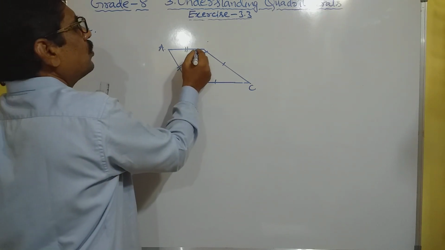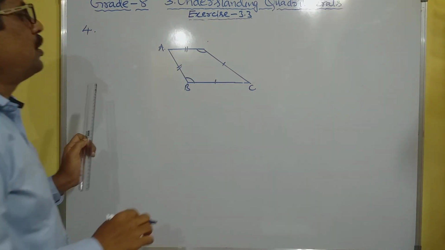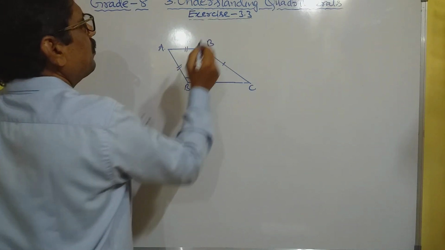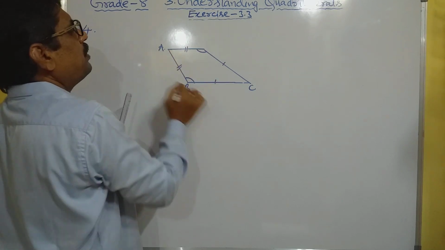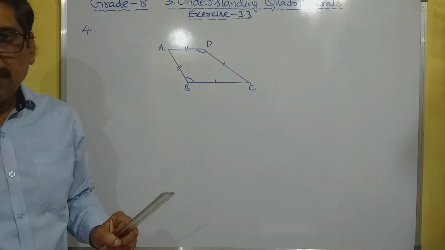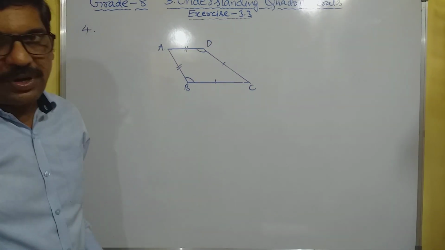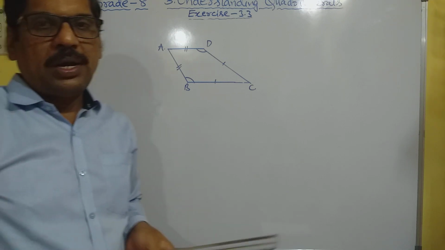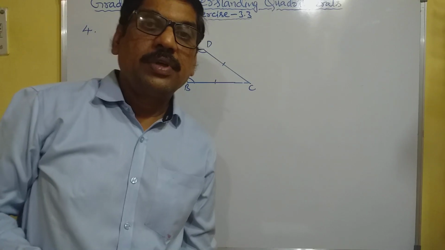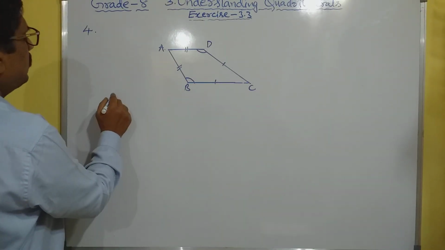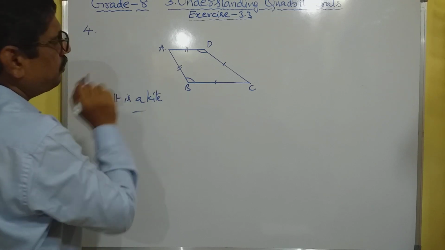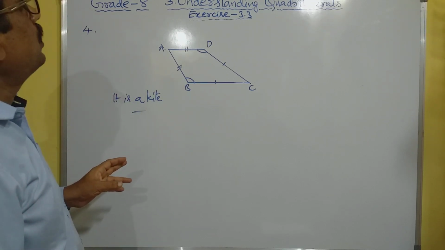So this is a figure with one pair of opposite angles equal. Here angles B and D are equal, but it is not a parallelogram. What type of quadrilateral is it? Can you tell? It is a kite. Yes, this shape is called a kite.